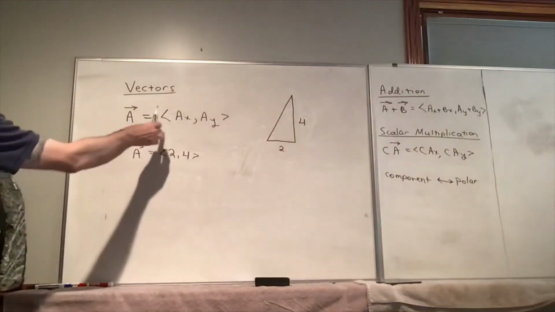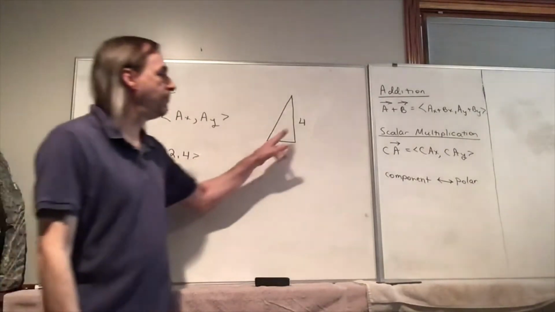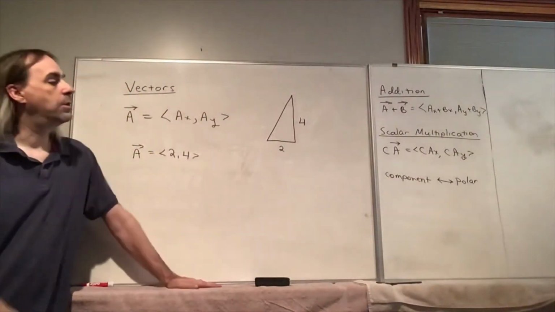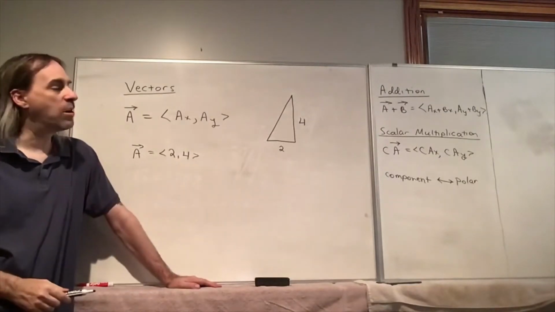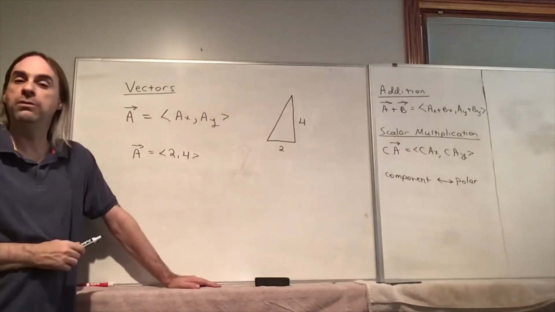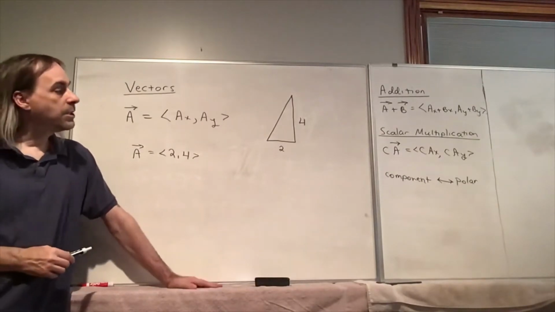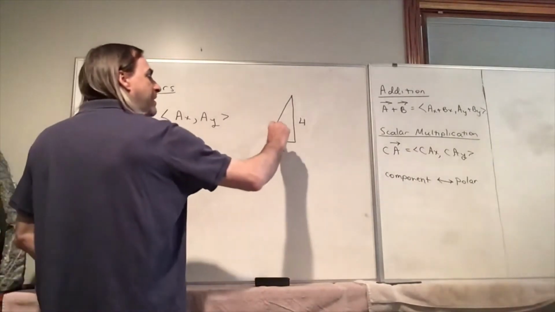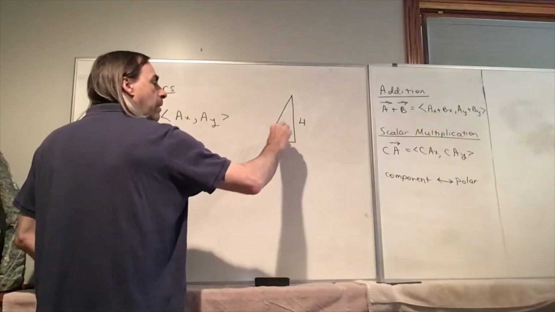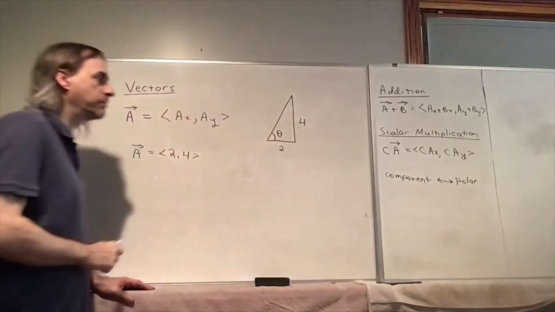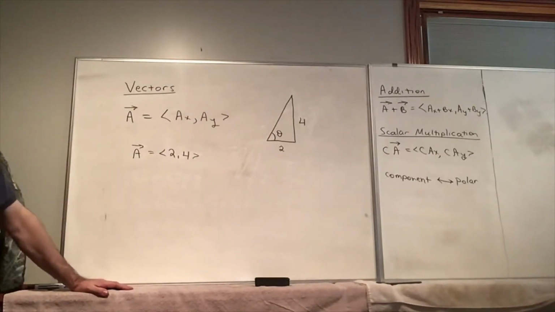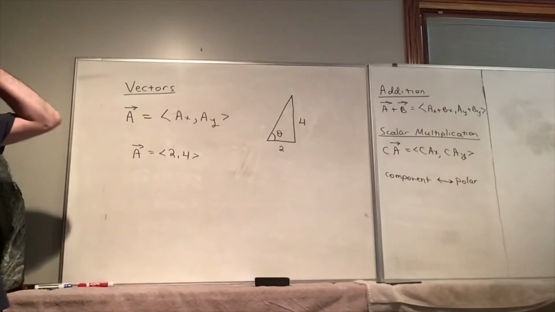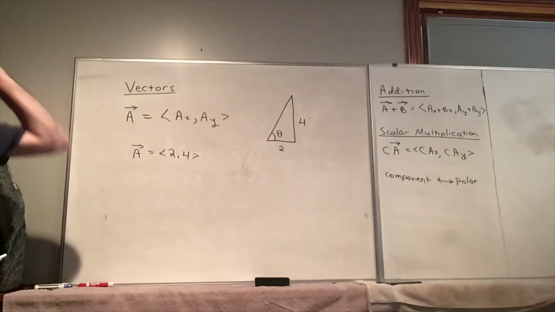So let's start out with something in component form, and we want to find the polar form, which means its magnitude and the direction. So let's define this angle here as theta. There's our direction, theta. We have to be able to find numerically what theta is, but we also need to find the magnitude.